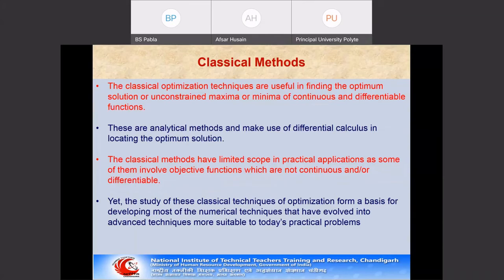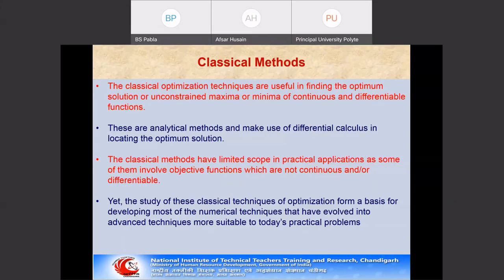Then we have classical methods and new methods. The classical optimal techniques are useful in finding the optimal solution, or unconstrained maximum or minimum, of continuous and differentiable functions. You see, classical methods are based on calculus, differentiation.